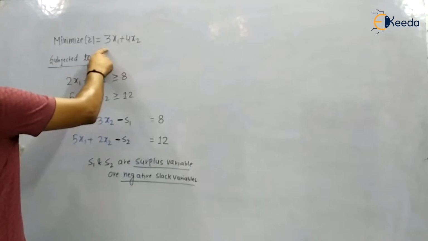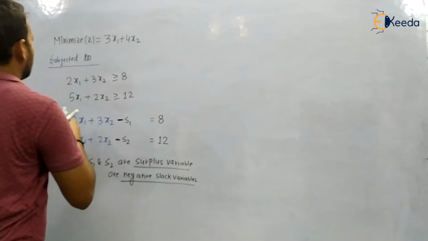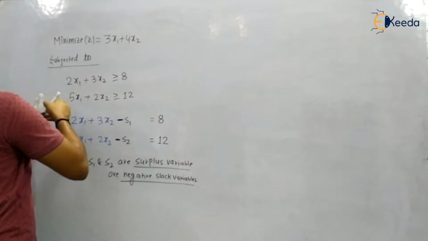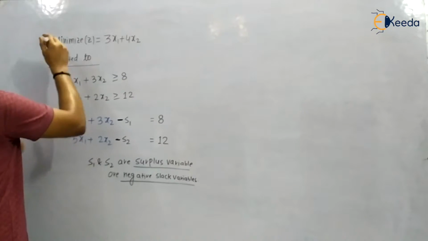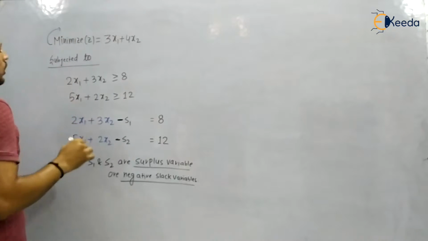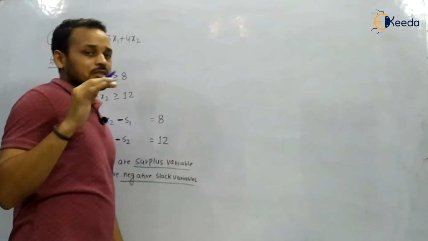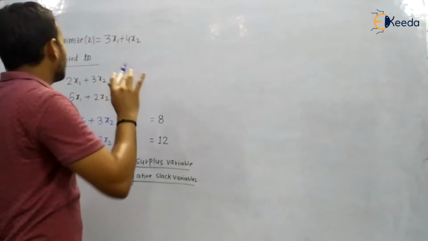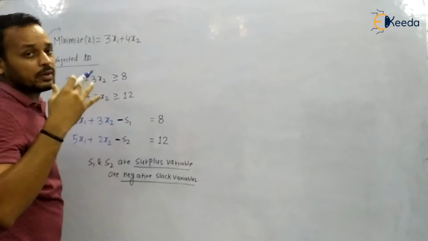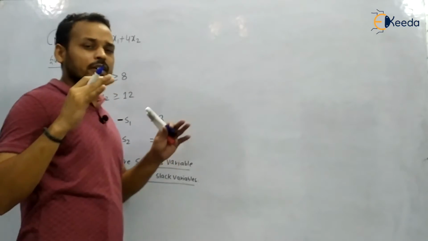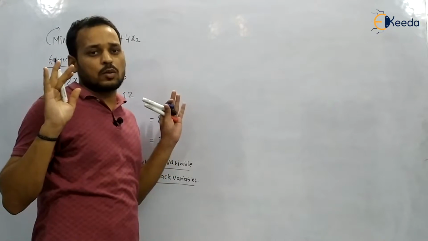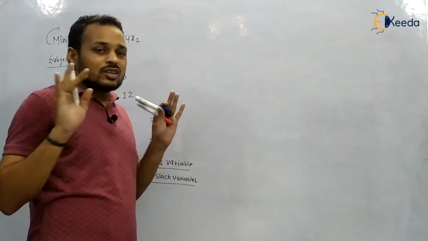Now you have to write the objective function also. Earlier we studied the maximization problem, so we are going to convert this minimization into a maximization problem, because we already know the steps of maximization and everything else will not change.